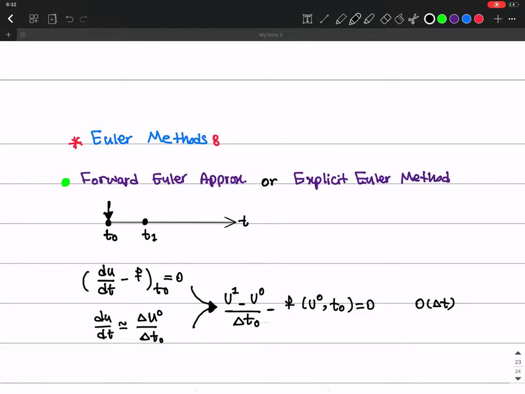This is the forward Euler method. Just one thing for notation, that some people might not follow, but I think it is useful: when you have this variable u, for space we usually put the index at the bottom, and for time we usually put it at the top, showing the progression in time.